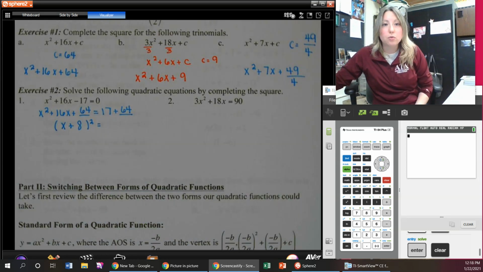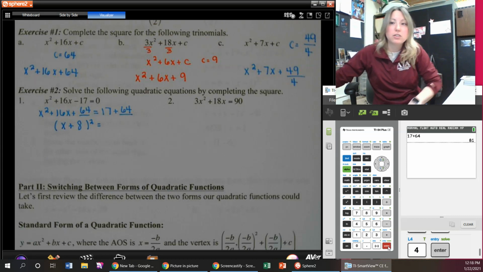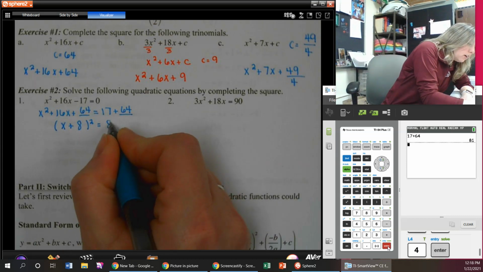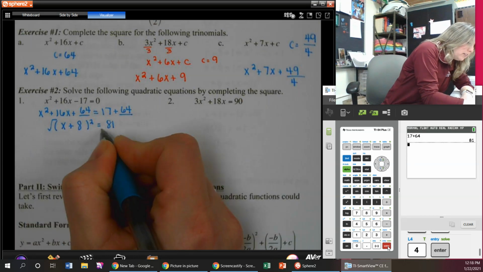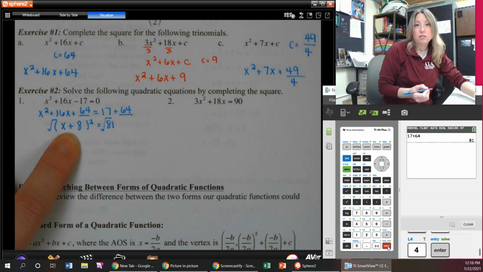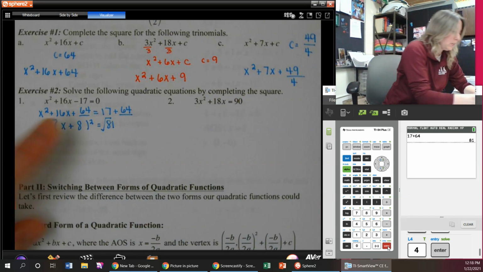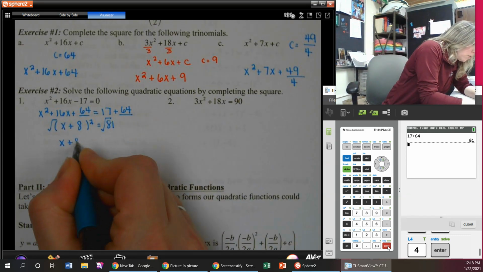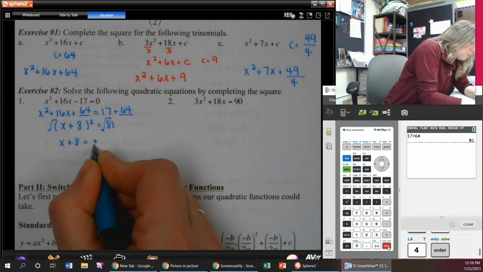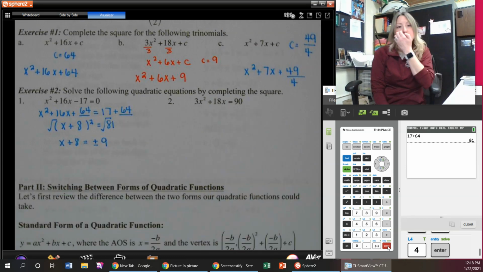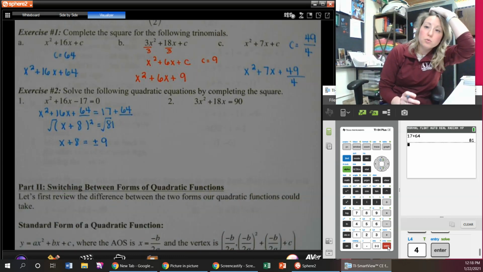Meanwhile, if you don't know off the top of your head, let's just do it, but you probably should. 64 plus 17 is 81. Now you take the square root of both sides, because you completed the square so that you could take the square root of both sides so that this x plus 8 would come out. Over here, it's plus and minus 9 because 81 is a perfect square. The square root of it is 9.